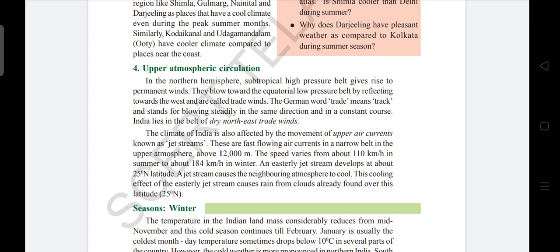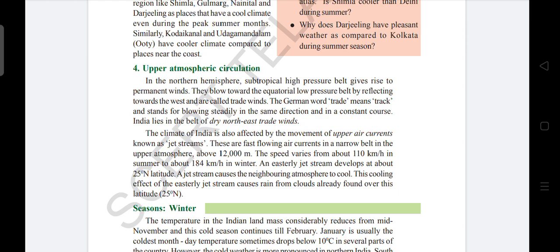The climate of India is also affected by the movement of upper air currents known as jet streams. These are fast flowing air currents in a narrow belt in the upper atmosphere. At about 12,000 meters, the speed varies from about 110 kilometers per hour in summer to about 184 kilometers per hour in winter.